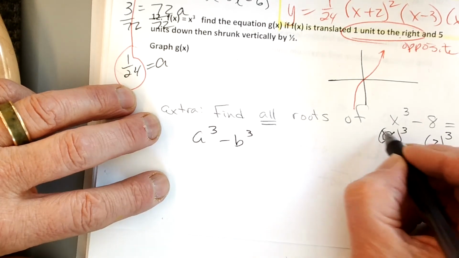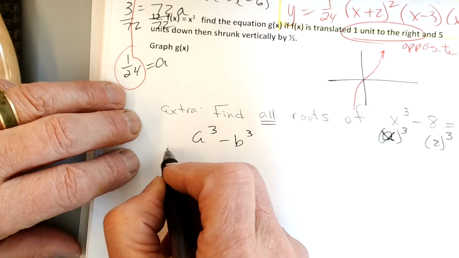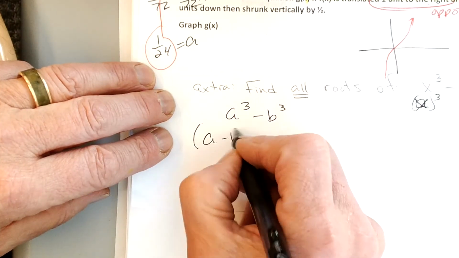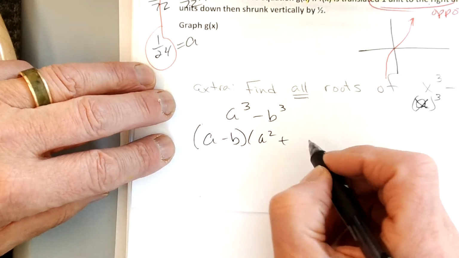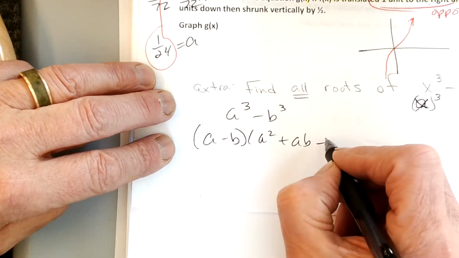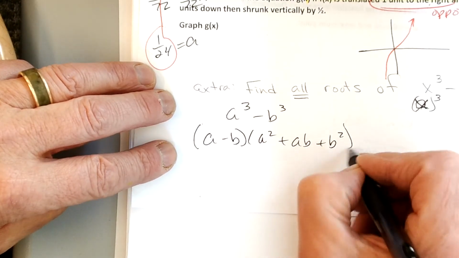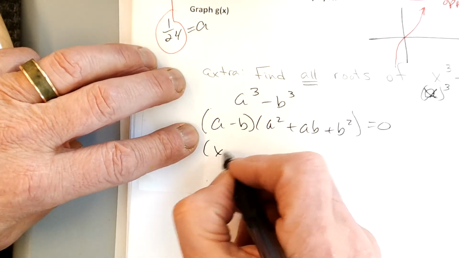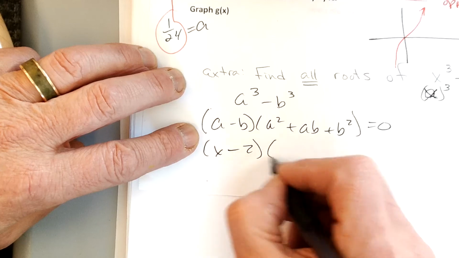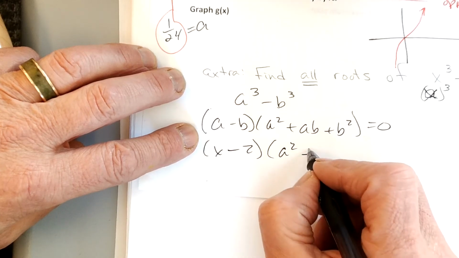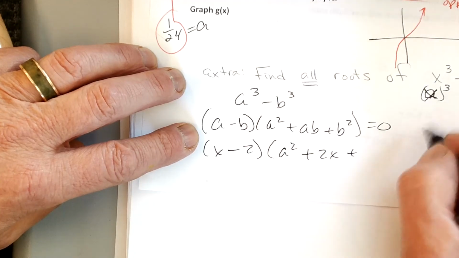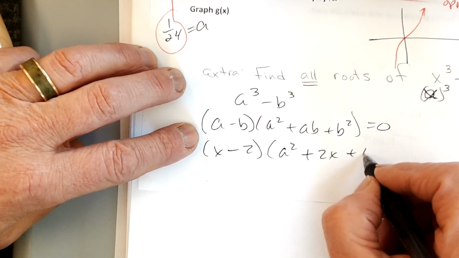This factors into, and it's up on the board when you take the test, a minus b times a squared plus ab plus b squared, okay? So then what I'm going to do is put a and b here. I'm going to go x minus 2, and we'll go a squared plus 2x plus b squared, which is this squared, which is 4, okay?